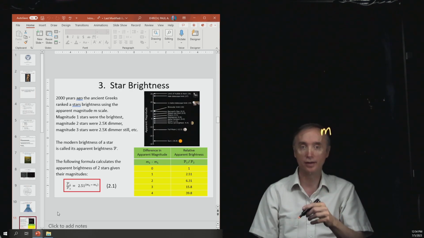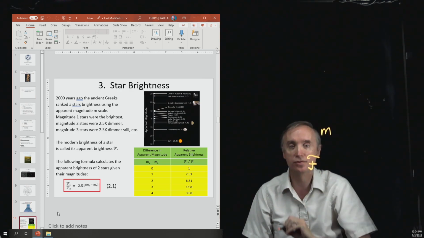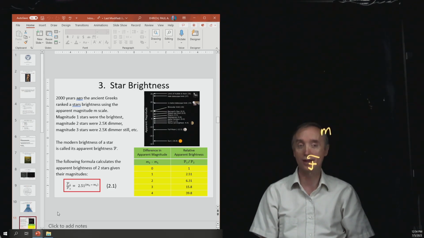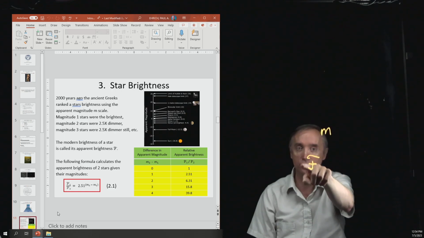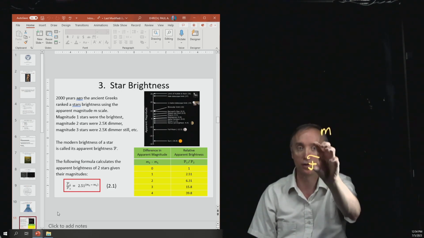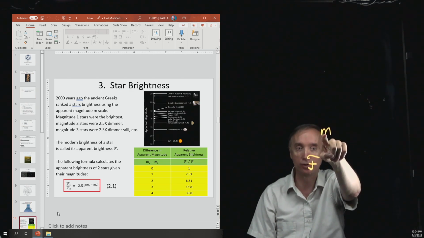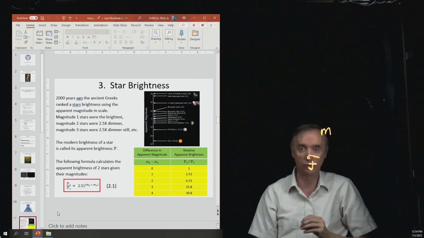On the other hand, script F stands for energy flux, which is the apparent brightness of an object. This can actually be measured, and it has metric units that go with it. The magnitude is just a number, 1, 2, 3, and so forth.